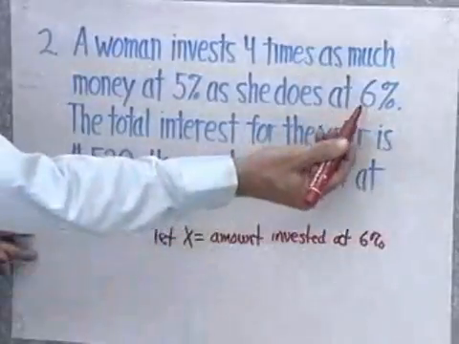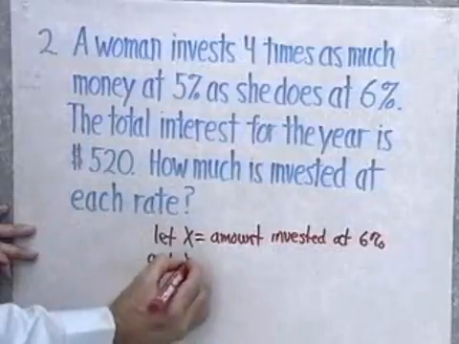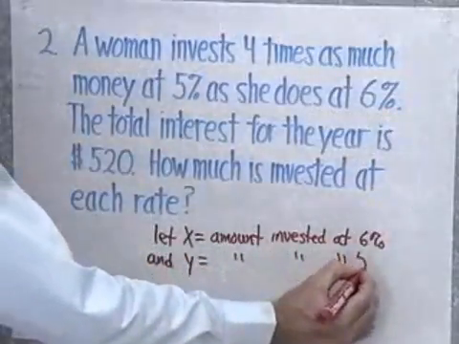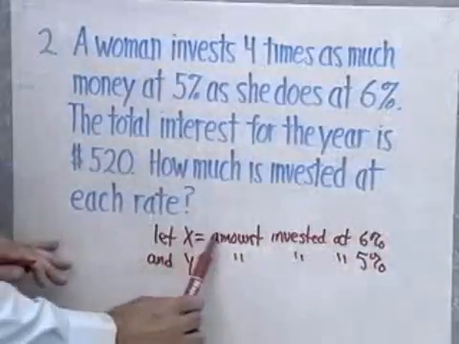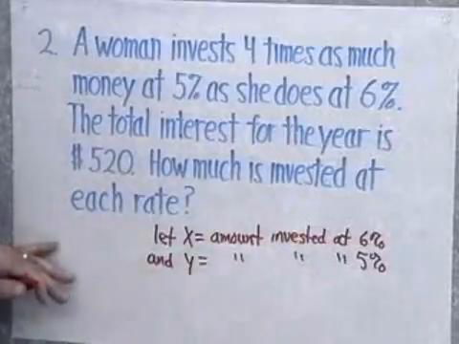I could have said 5%, but I just said 6%. And I'll let y equal the amount invested at 5%. Now, I have x equal to one of the things that's asked for in the problem and y equal to the other thing that's asked for in the problem.